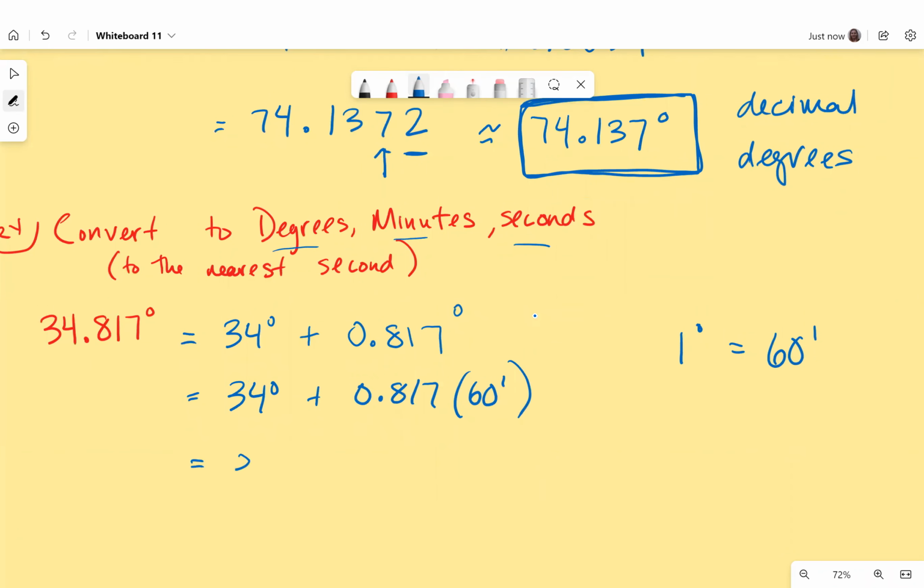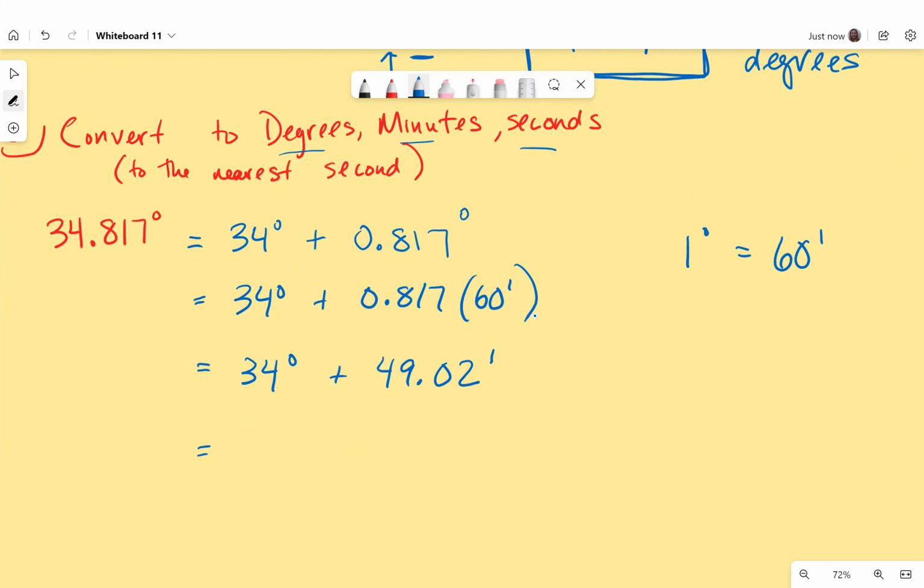And I can multiply those and I get 49.02. And now we're in minutes. And I'm going to break this apart the same way I did at the very beginning. So I have 34 degrees plus 49 minutes plus 0.02 minutes.